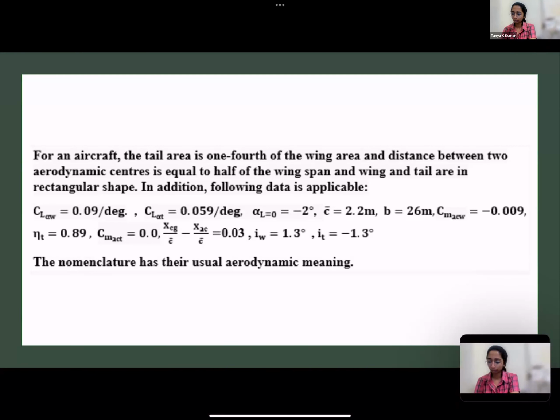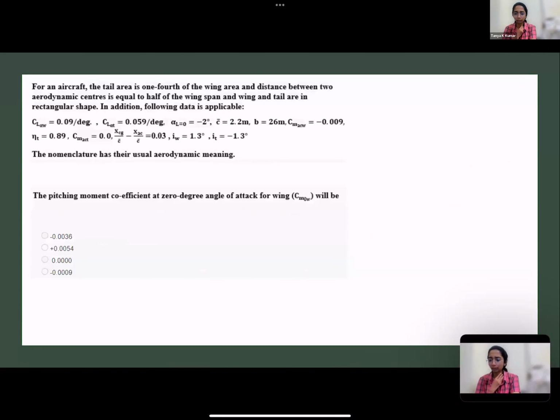Now let's look at the questions, very similar to the one that you've done in assignment 2. The pitching moment coefficient at 0 degree angle of attack for the wing. We just went over these equations. I'll give you a minute to try and solve this. Go look into your notes and see if you can solve this. Just see the CM naught of the wing, that is the CM naught contribution of the wing. We just revised this formula.